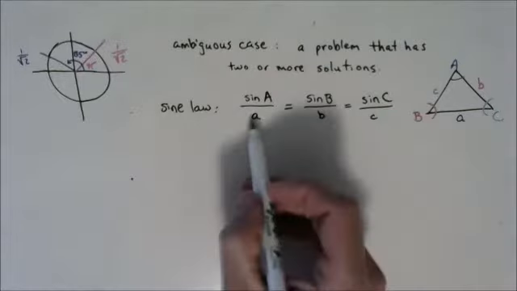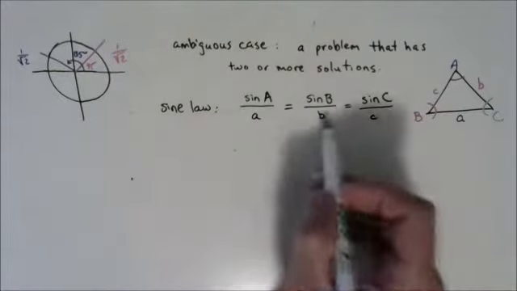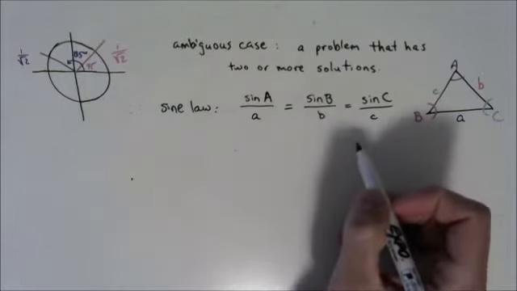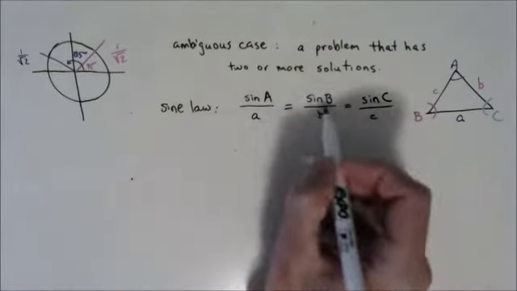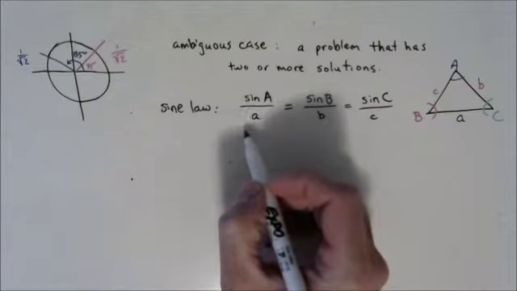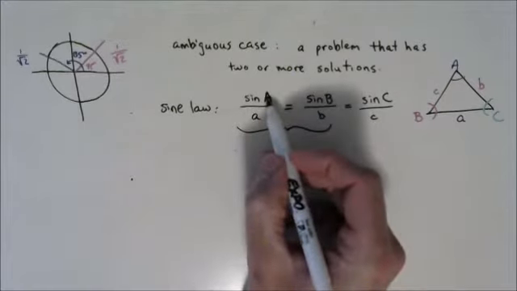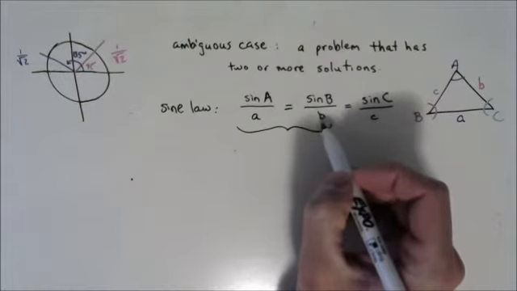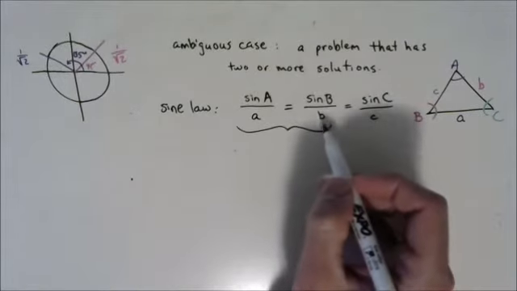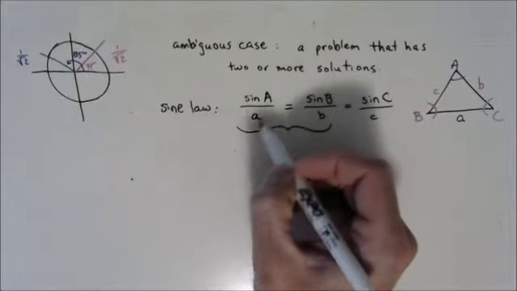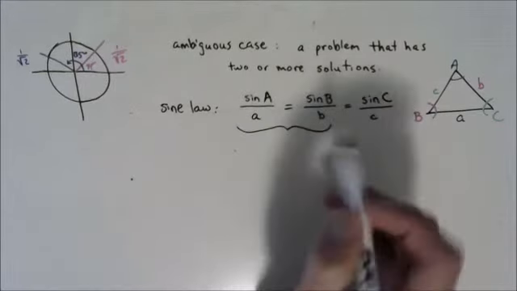You can take any two pieces of this equation to find one solution, and you need three of the four parts. So if you're using, for instance, these two, you'd need A and a, as well as one piece of this in order to solve the missing piece. Or you'd need B and b, and then one piece of this in order to solve for the missing piece.